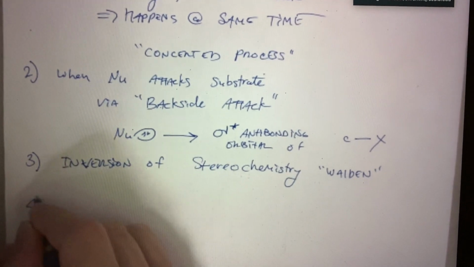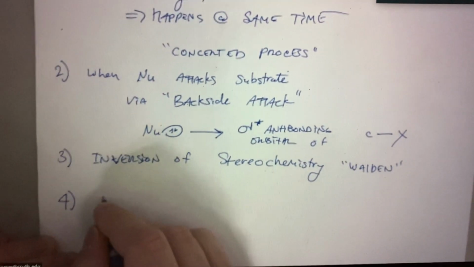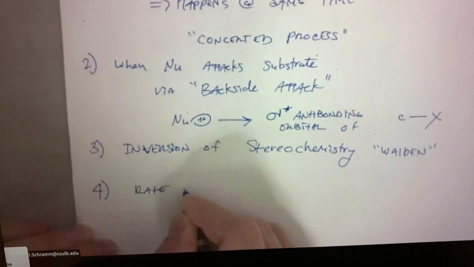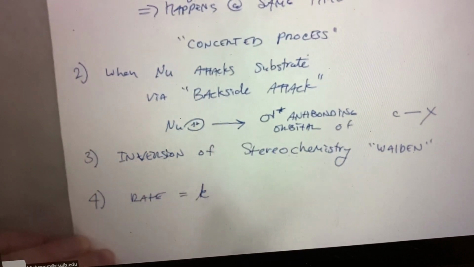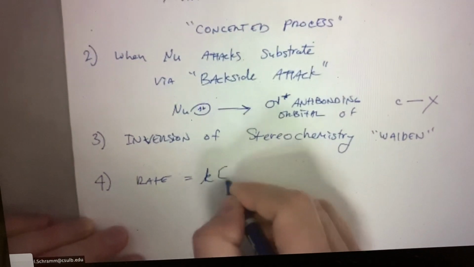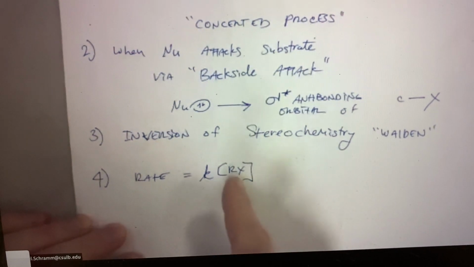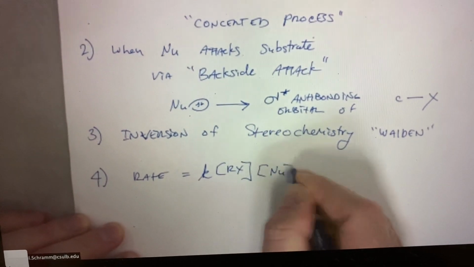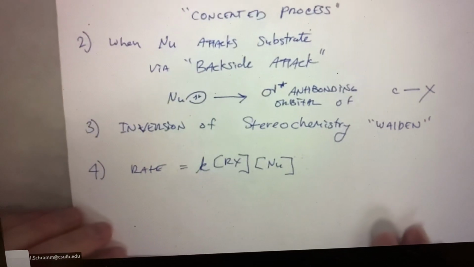And the 4th point, which is a minor point for us this semester, is that the rate of the reaction, the speed at which it takes place, is a function of a rate constant k, small k, multiplied by the concentration of the substrate and the concentration of the nucleophile.